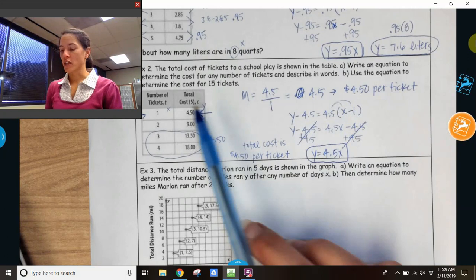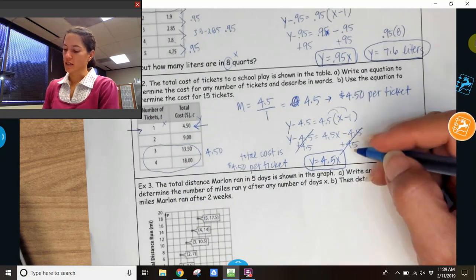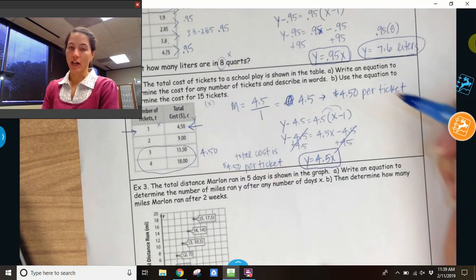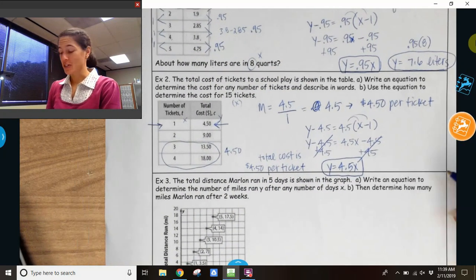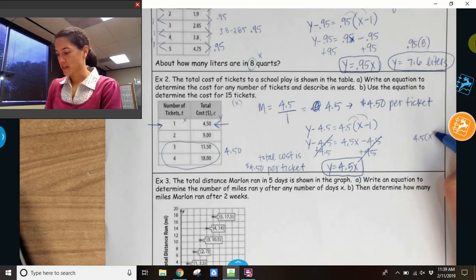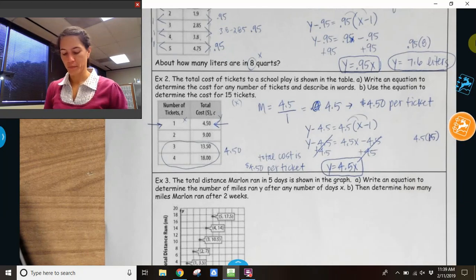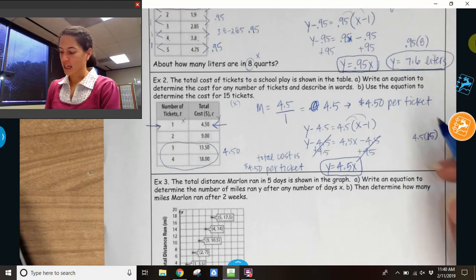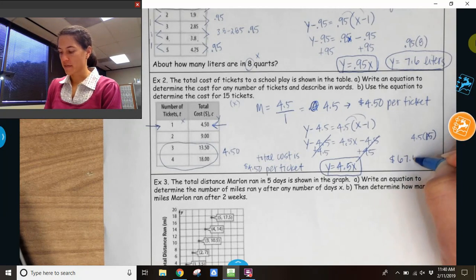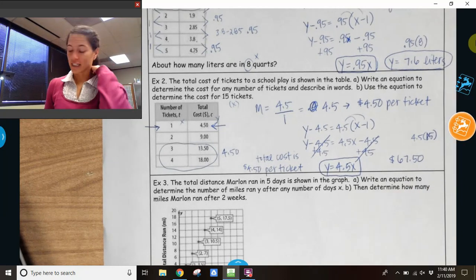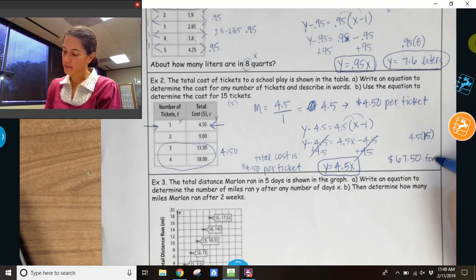And then the last part says use the equation to determine the cost for 15 tickets. So 15 tickets would be my x value. So I substituted in 4.5 times 15. And my answer would be $67.50 for 15 tickets.